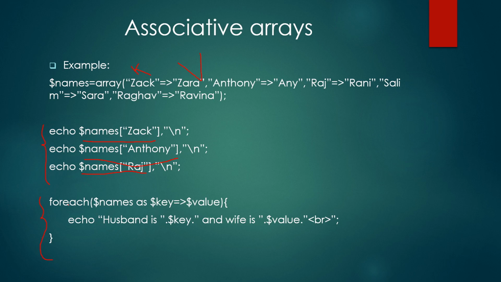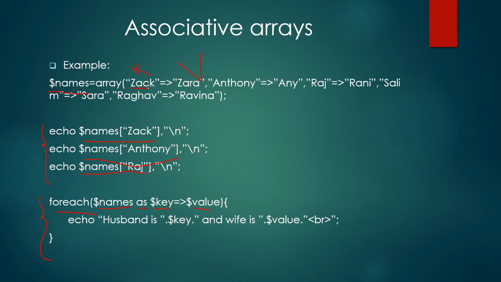Now foreach loops, so we have a keyword. Here we are passing the name of an array, meaning the variable name in which our array is residing. Then we use the keyword as, and here we create two variables. Here I have created two variables, dollar key and dollar value.